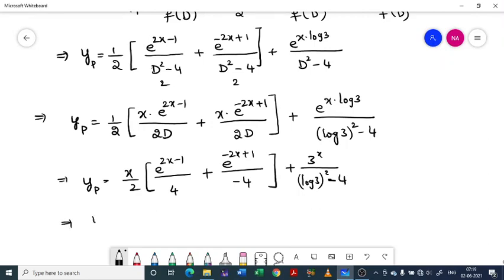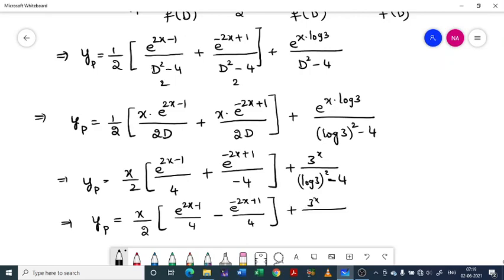So we get yp to be x by 2 times e power 2x minus 1 by 4 minus e power minus 2x plus 1 by 4, plus 3 power x by log 3 whole square minus 4.